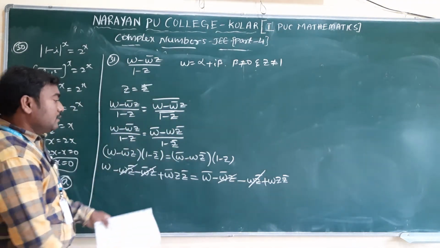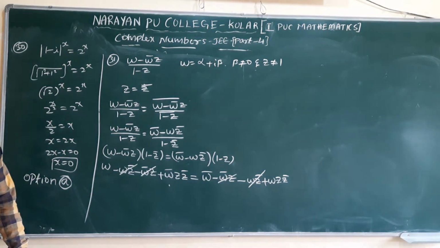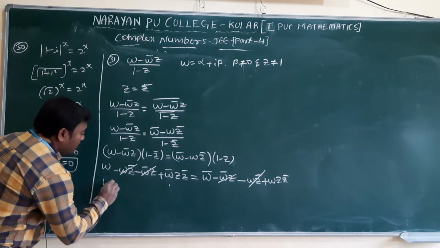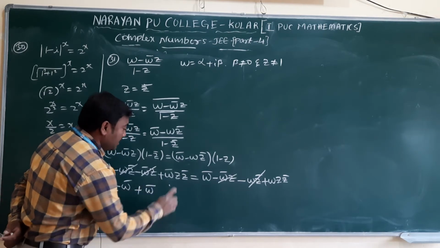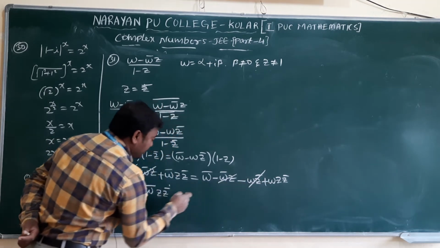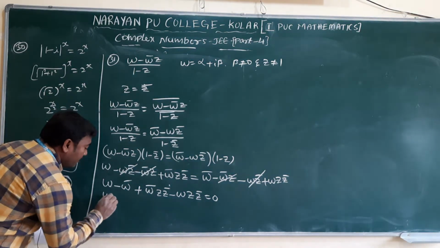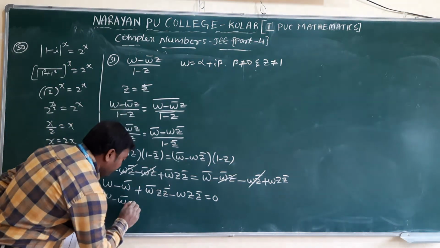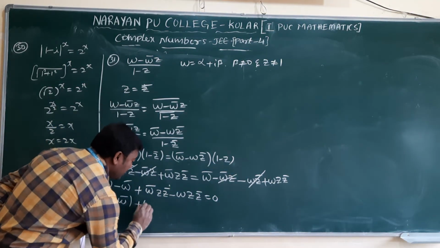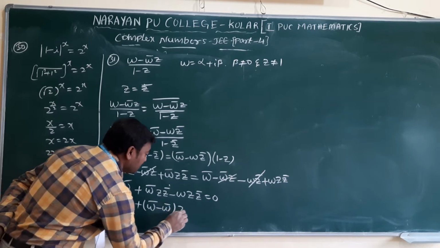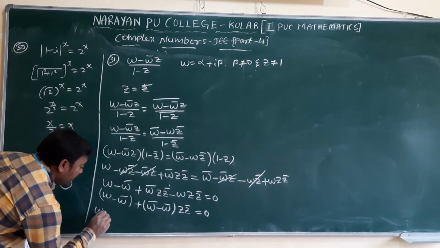So remaining, taking terms to this side: ω − ω̄ plus, taking common zz̄, (ω̄ − ω)zz̄ is equal to 0. Here we take common ω − ω̄.